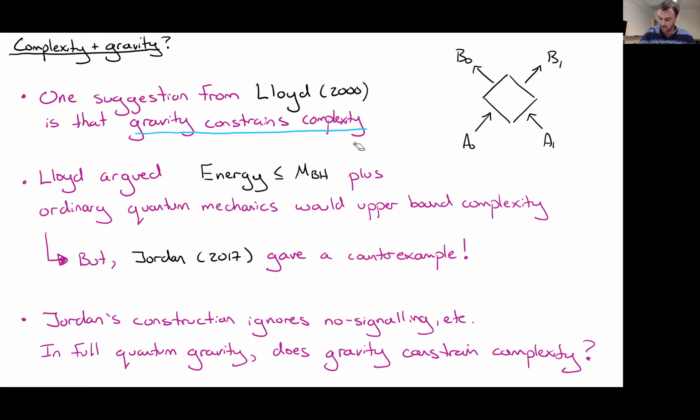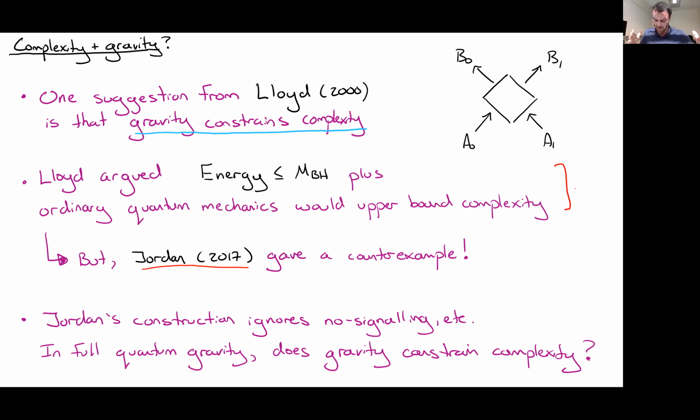The argument is very plausible looking, but unfortunately the argument is actually wrong. And this was pointed out by Stephen Jordan in 2017, who gave a construction that in quantum mechanics implements an arbitrarily complex unitary arbitrarily quickly at arbitrarily low energy. So this argument of Lloyd's was not correct.